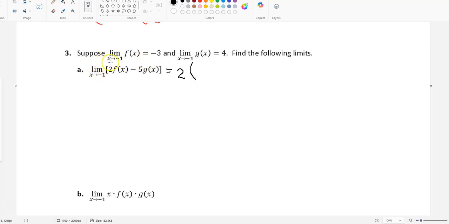So we're going from the limit of a difference to different limits, and then we plug in the value of each limit here. -3 for the limit as x approaches -1 of f of x, is -3 minus 5, and this limit will be 4. So that's how you use the properties. So what will be here? We have -6 minus 20, -26.